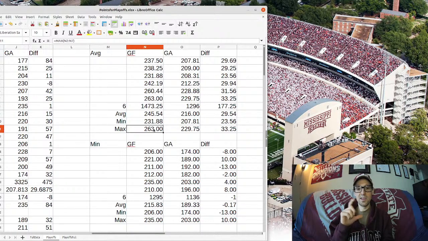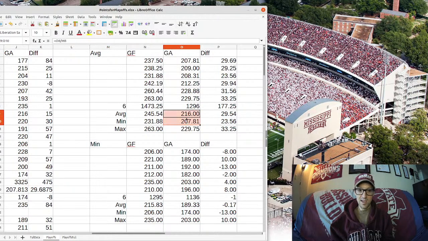So that's kind of the normal range, you could say, for goals for. Likewise here for goals against, average is 216 against, min 207, max 229.